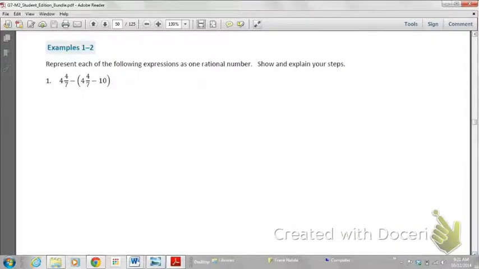Okay, so in examples 1 through 2, this example 1 we're going to do together, and again, steps can always vary, and the truth is, you can look at this problem right now, and I can see the answer.